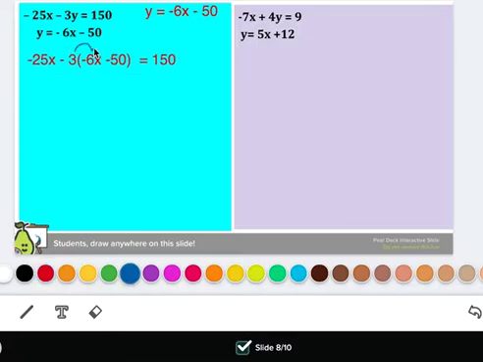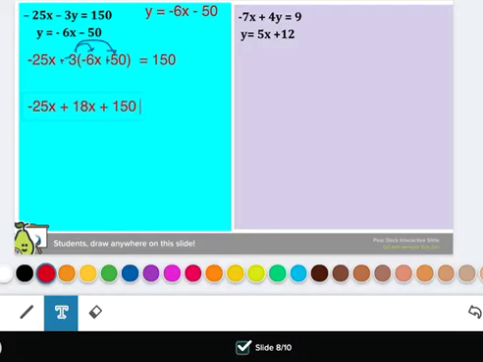You distribute first. You get that's a -3, that's a -50. You bring down that -25x, you get a positive 18 there, 3 times 6 is 18, bring down the x, plus the 3 times 50 is 150, equals that 150, not -50.